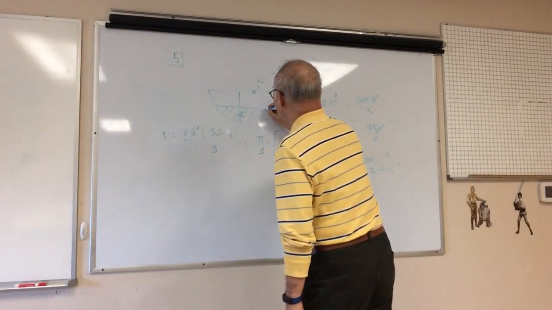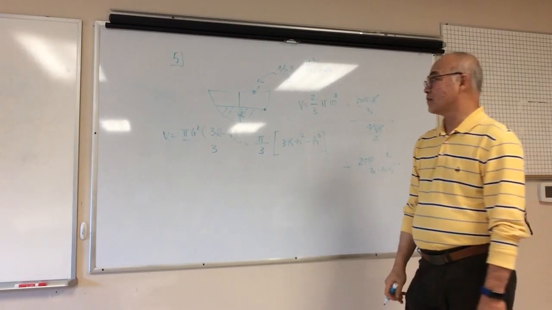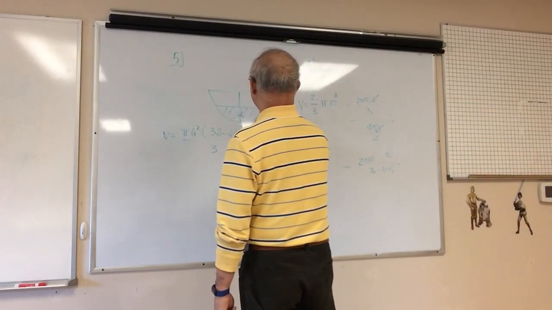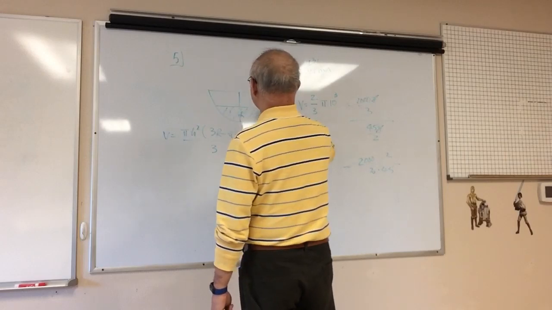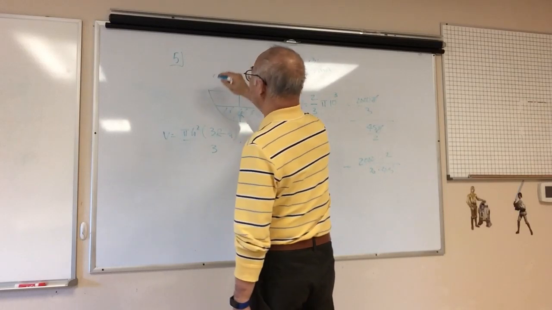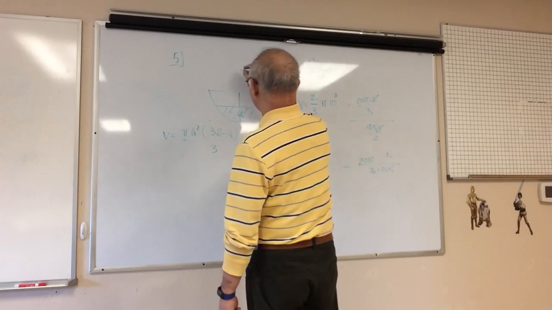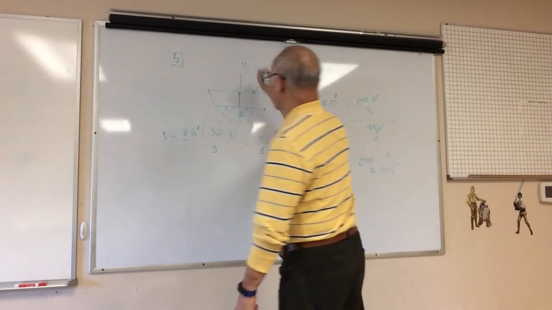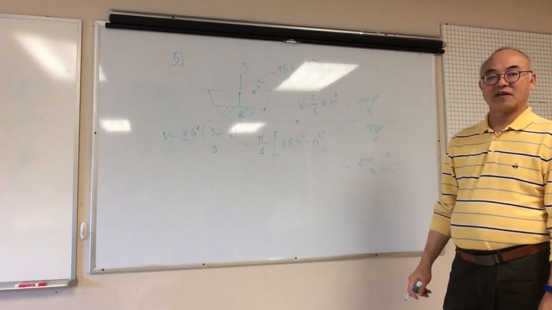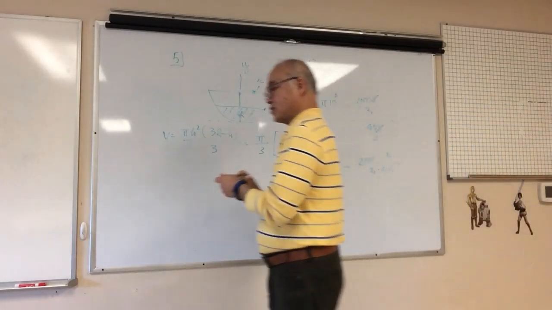So let's pick this point here and draw a straight line out. This point is on this graph, and this is a circle. If I call this the x-axis and this the y-axis, where's my center? It's at 0 and 10.